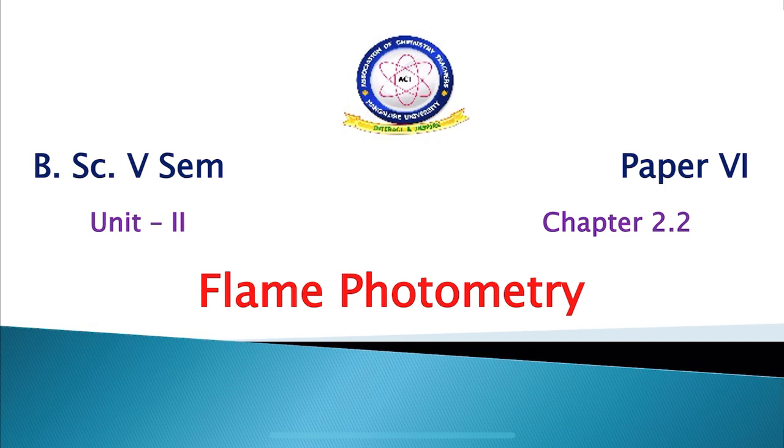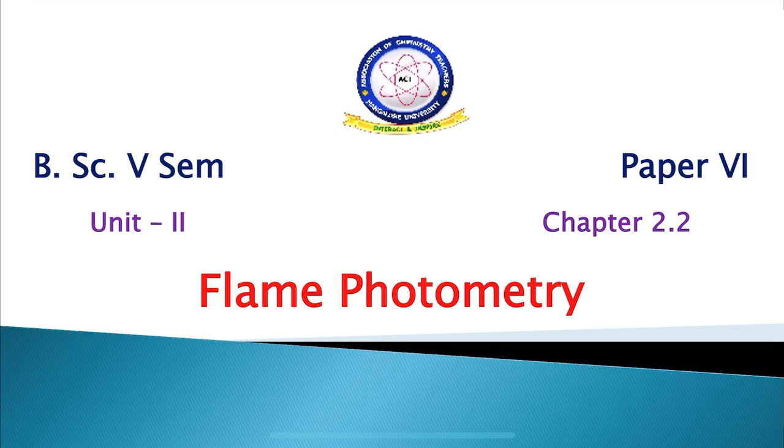What are all the parts involved in the instrumentation of a flame photometer, and what are the different types of flames used to perform these flame photometric experiments? As the name itself says, we need to use flames. Different types of flames are there. Then the interferences.